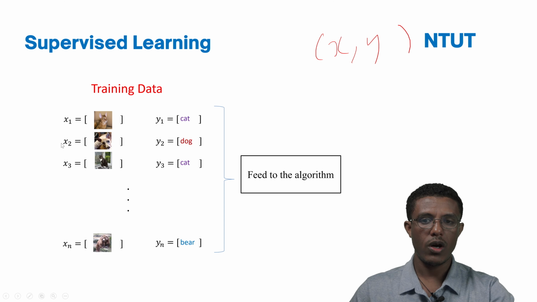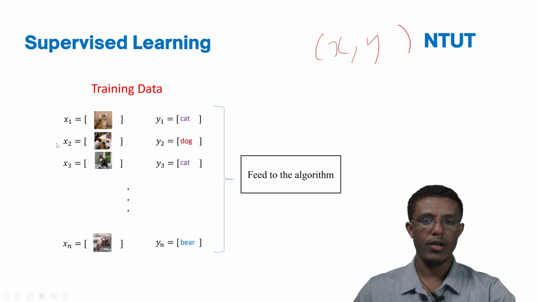When we give this as an input feature, x2, we can say that this one is a dog. That means the model has information both for this image and also the target or the ground truth of this image. Then we train the model by using this.